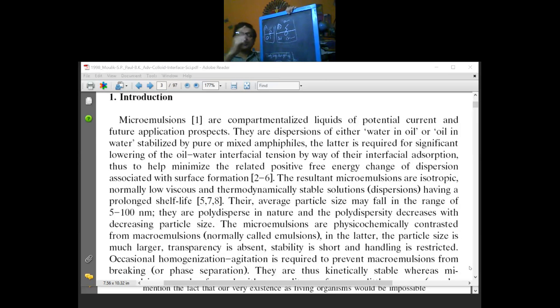When we studied the physics and chemistry of surfaces, we discussed that if I have a big drop and bring down the size, due to the increase in surface area, the surface energy is increased.